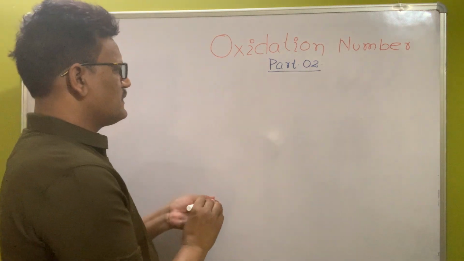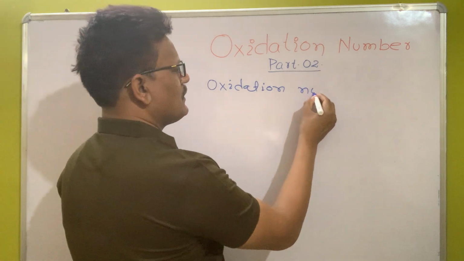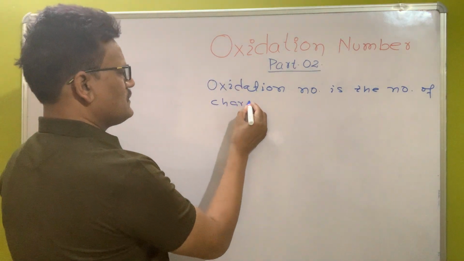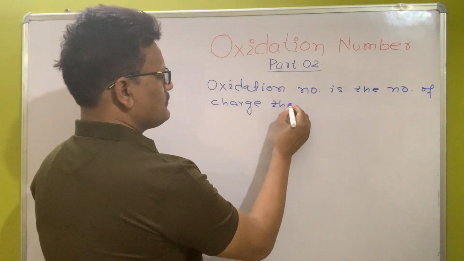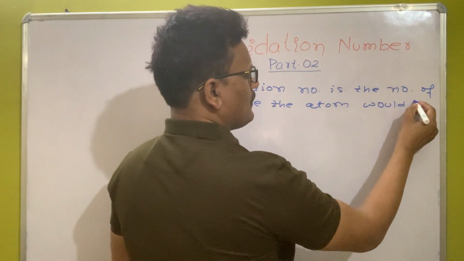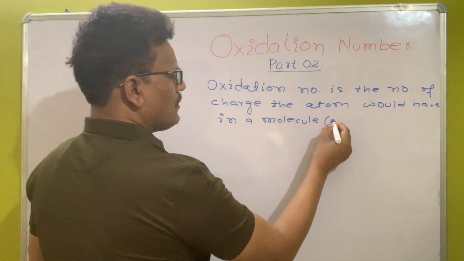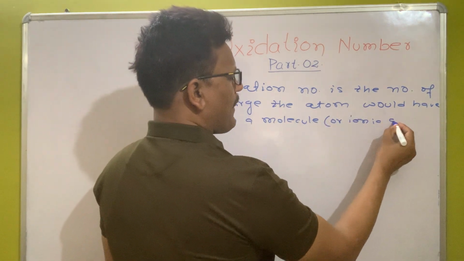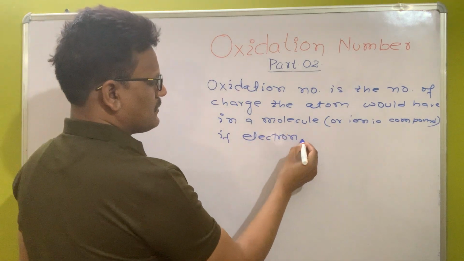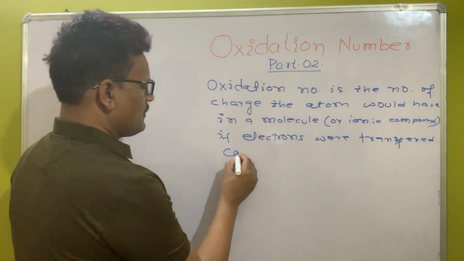See here, I am writing the definition. Oxidation number is the number of charge the atom would have in a molecule or ionic compound if electrons were transferred completely.